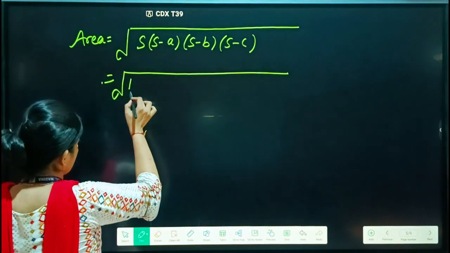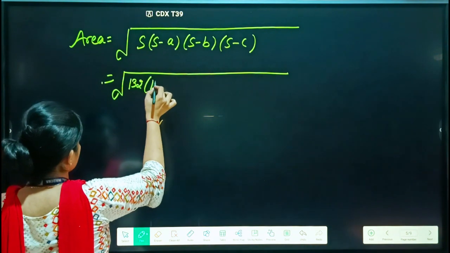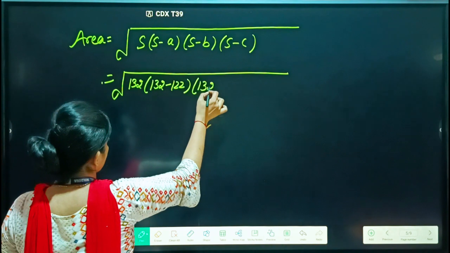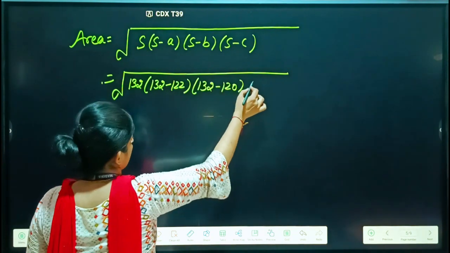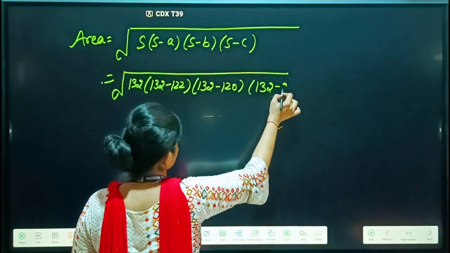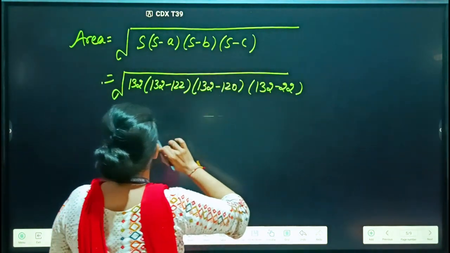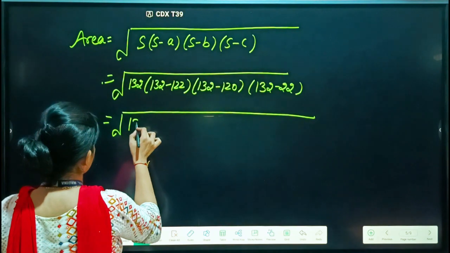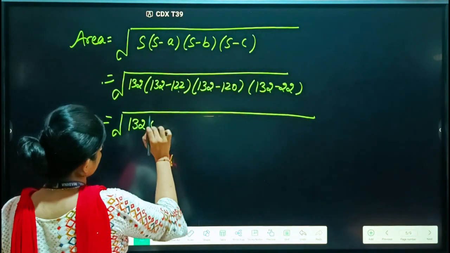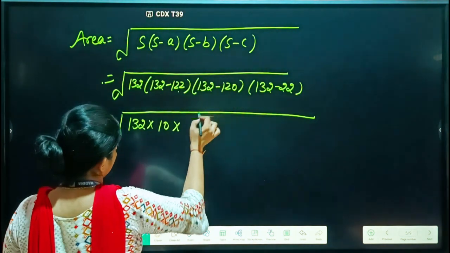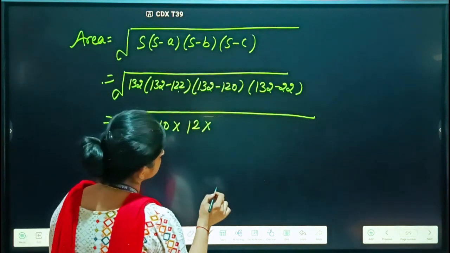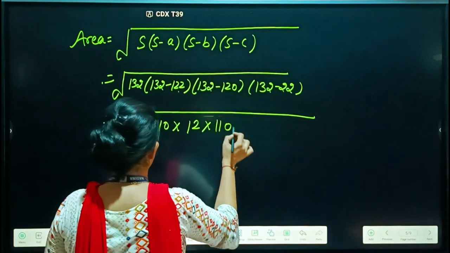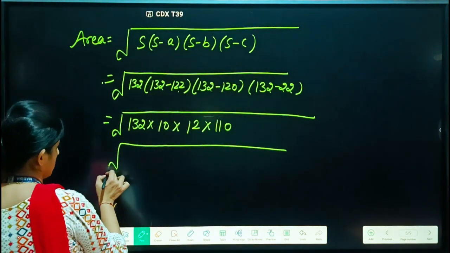S came now 132. 132 minus 122, 132 minus 120, and 132 minus 22. These are the sides that we will subtract from the semi parameter. ठीक है, 132 minus 122, 10, and 12, and how much left? 132 minus 22, 110. ठीक है, now we will find the square root of this.